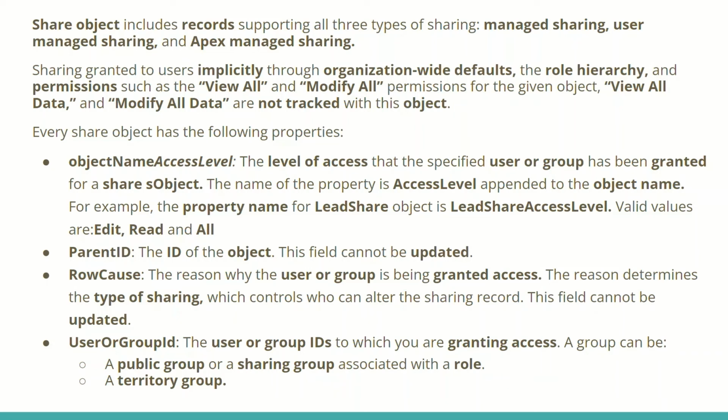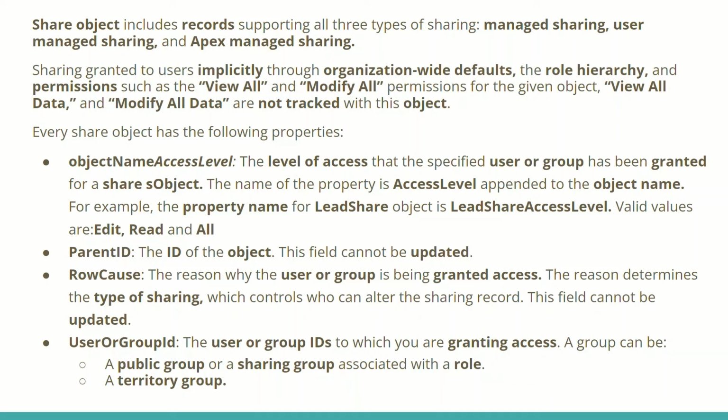Every share object has the following properties. These are fields or attributes in that object which define what level of access you can share that particular record with. Access level: the level of access that the specified user or group has been granted for a share object. Parent ID: the ID of the object.